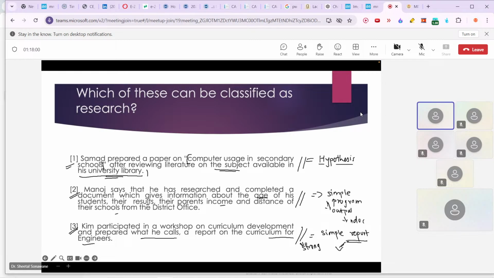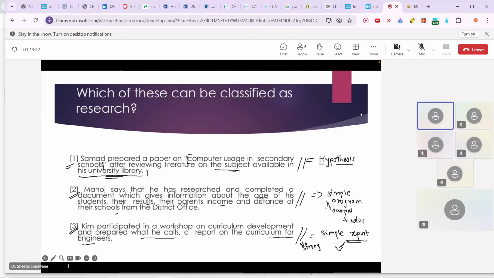What was his intention to find out is not mentioned. He has just prepared a document. He has no set of research questions at his end. So that's why it's just a survey document where he has just collected the information. Only one step is there.